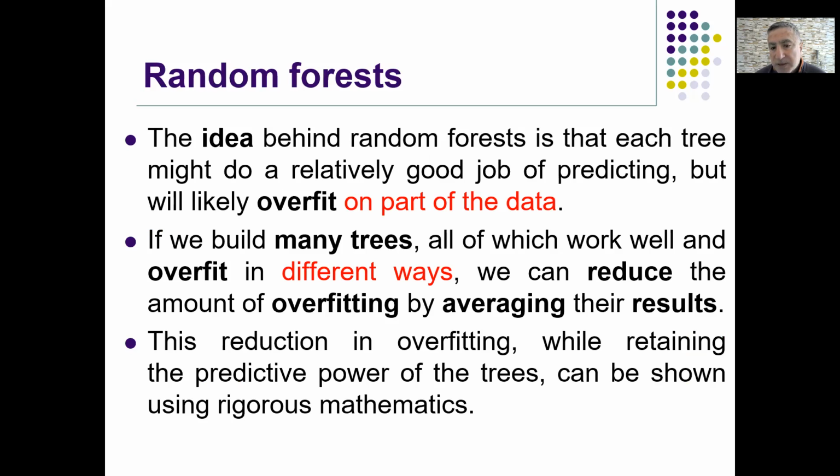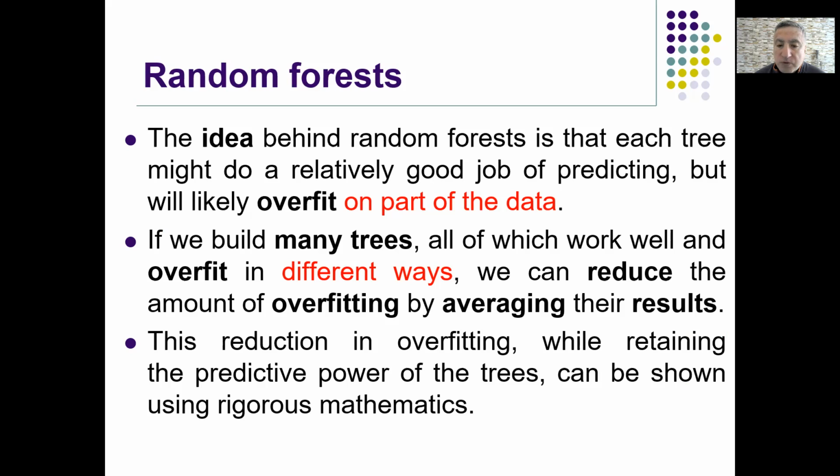As I explain in a moment, we are not going to use the whole data set for each decision tree, but we are going to use some part of the data set to train each decision tree in that collection. If we build many trees, all of which work well and overfit in different ways, we can reduce the amount of overfitting by averaging their results.